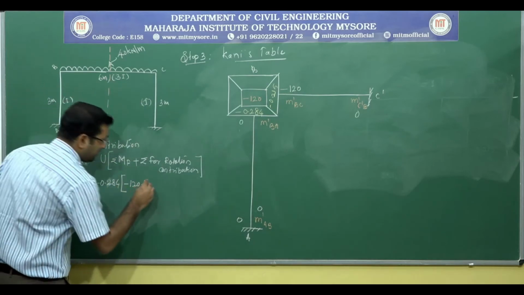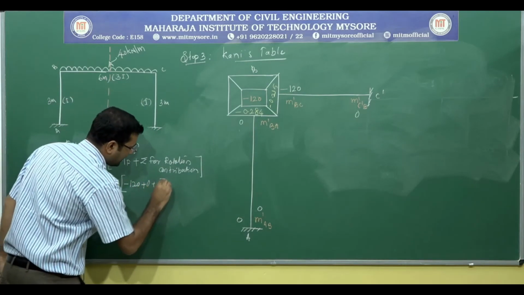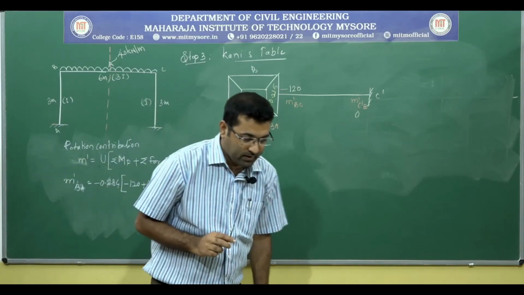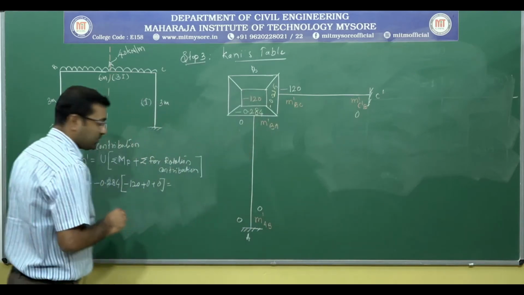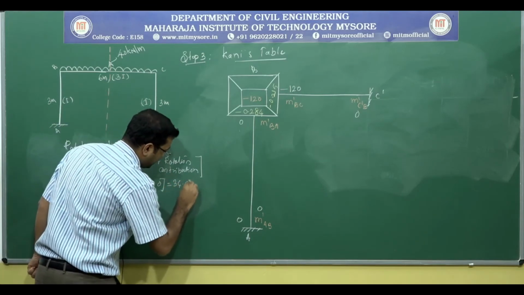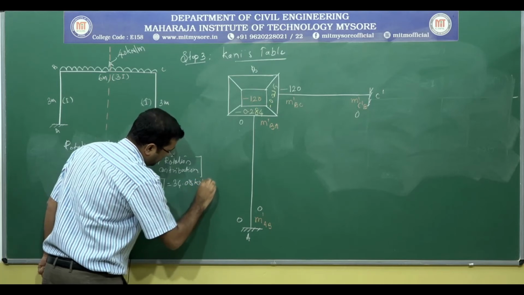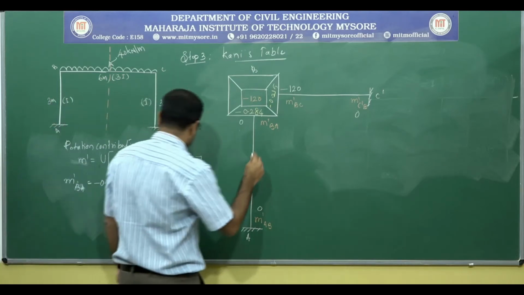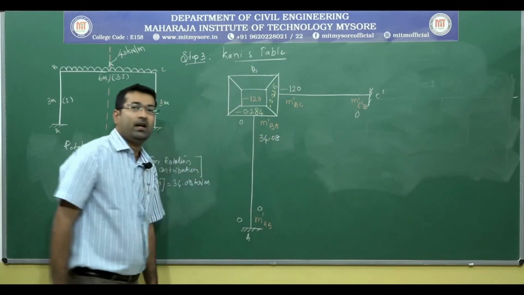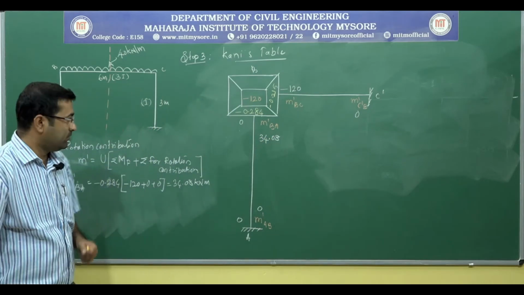So here it is 0 plus 0. This gives us a value of minus 34.08, sorry, plus 34.08 kilonewton meter, which I need to represent here.